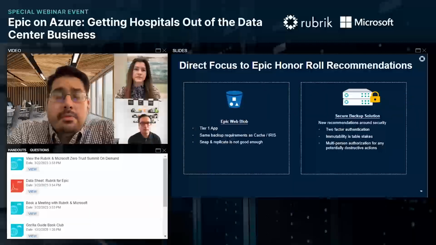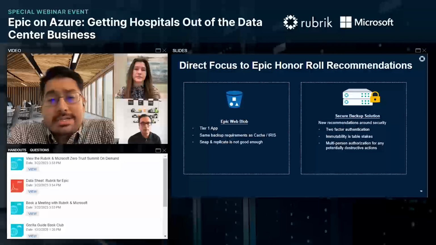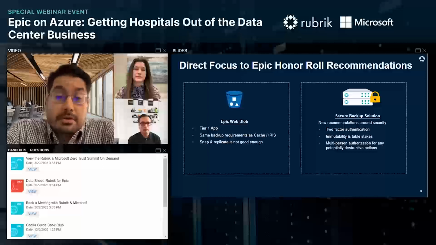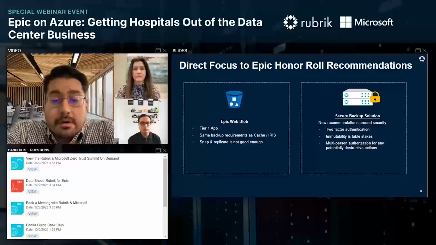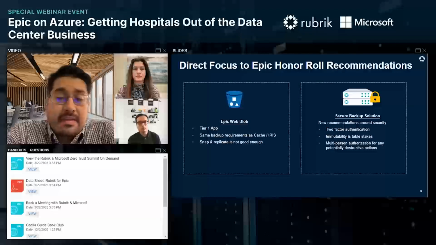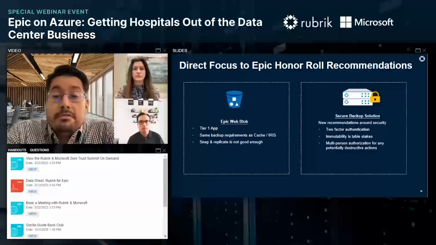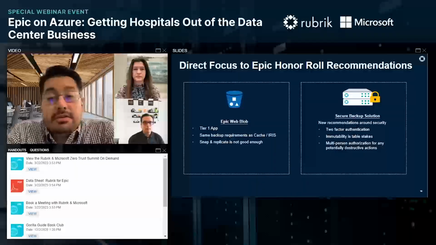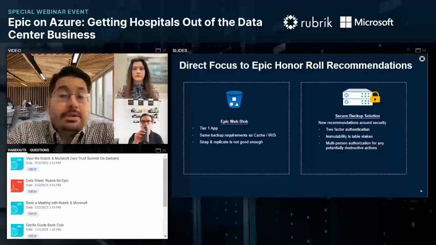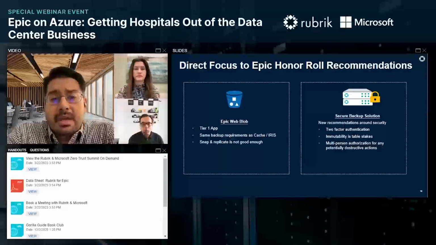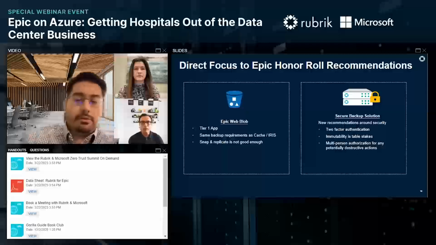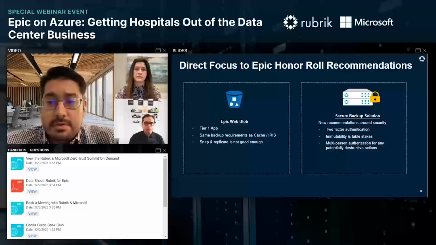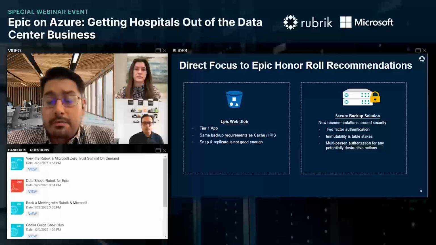But when I'm speaking to customers these days, the two top-of-mind things that get brought up the most, because they're new, are the requirement for Epic Web Blob backup, and the new recommendation, soon to be requirement, for a secure backup solution, which of course Epic defines as having two-factor authentication, immutability, and multi-person authorization requirements. We can go through each one of these, but what's really interesting is how Rubrik has adapted itself to be the point solution for both of these functions.